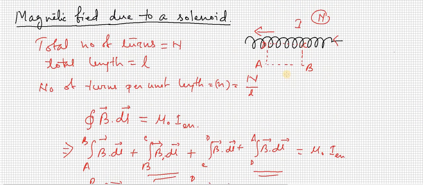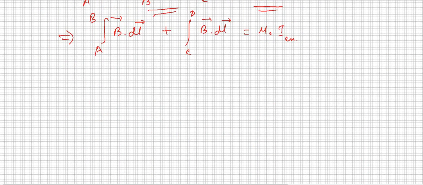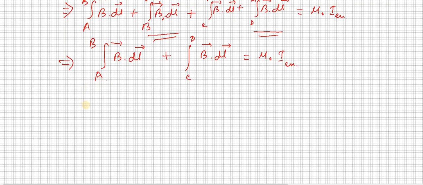Again, the arm AB is lying outside the solenoid, where the magnetic field is 0 itself. So this component of the integration is also 0.